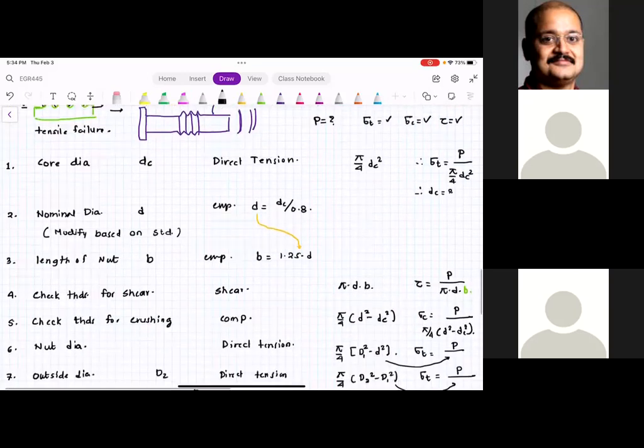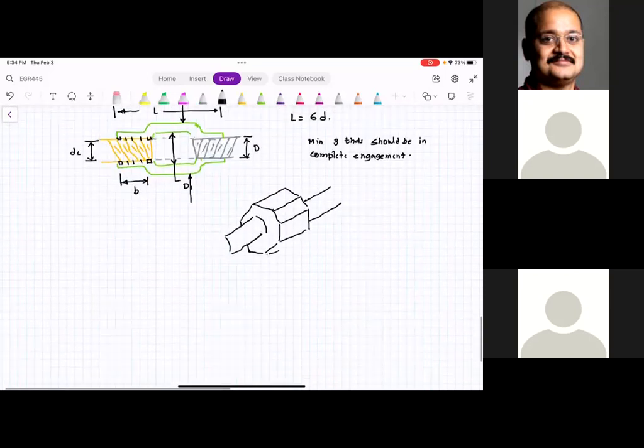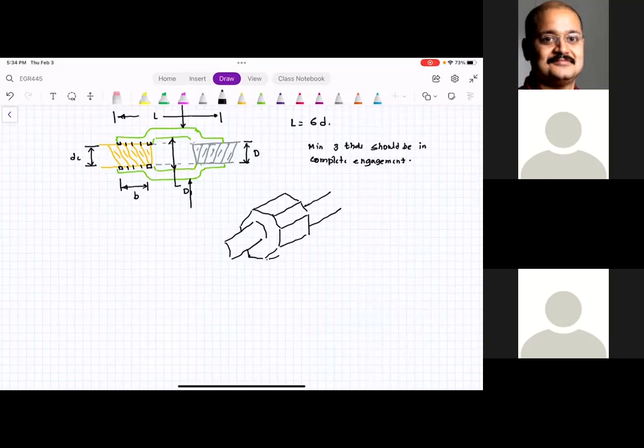The ones used for screws and compass or for fine adjustments would be something like this. So there would be knurling, and then you can rotate and adjust the turnbuckle. Okay, any questions so far?